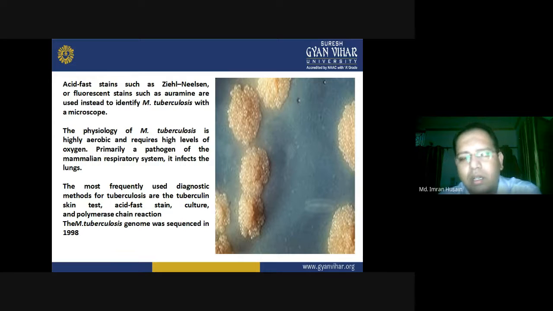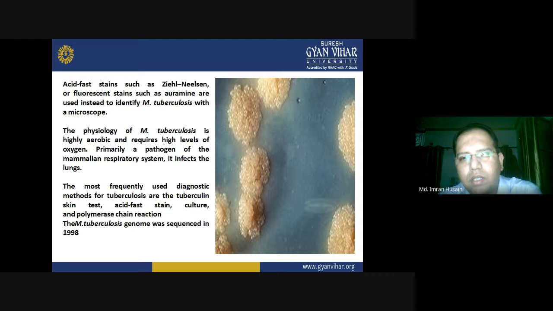Instead of identifying it via gram staining under the microscope, acid-fast stains are used because this bacteria does not readily show compatibility with gram staining.